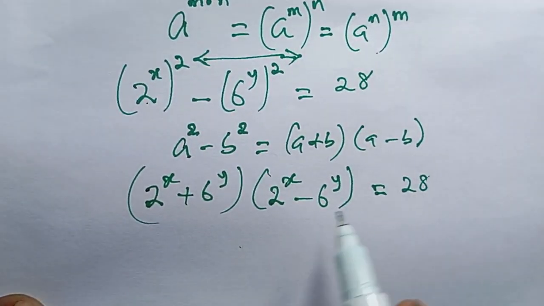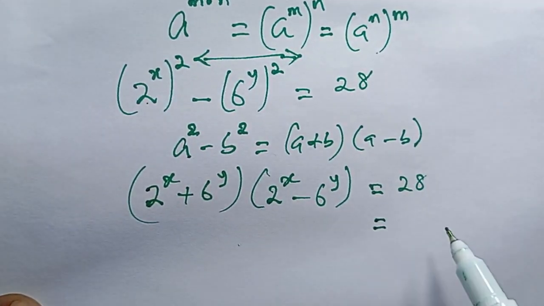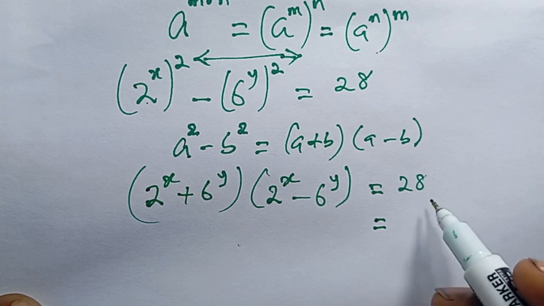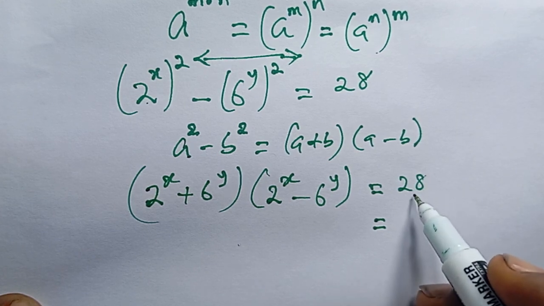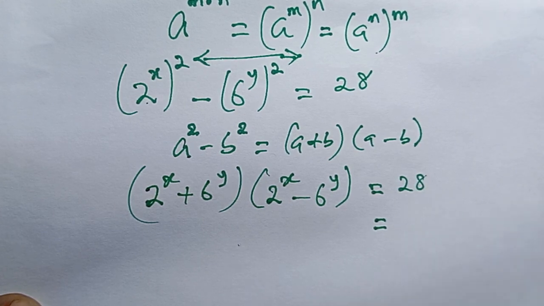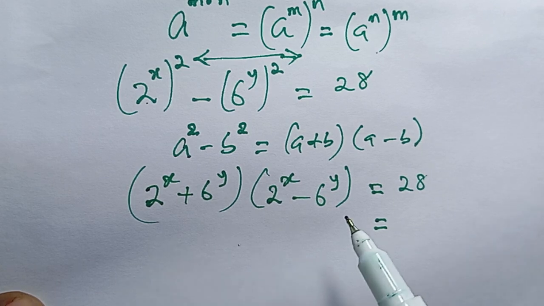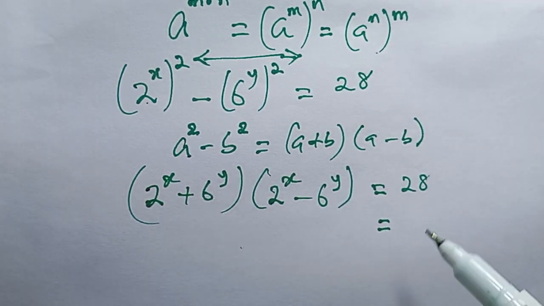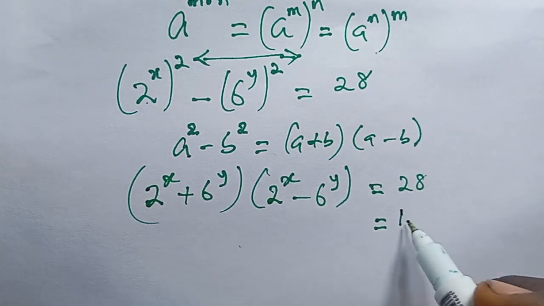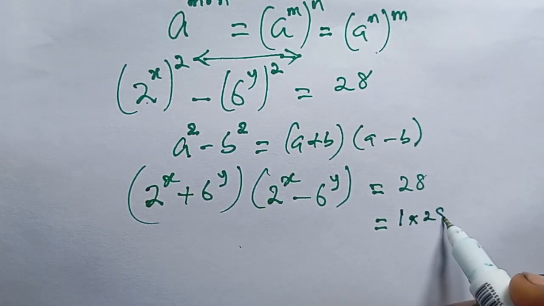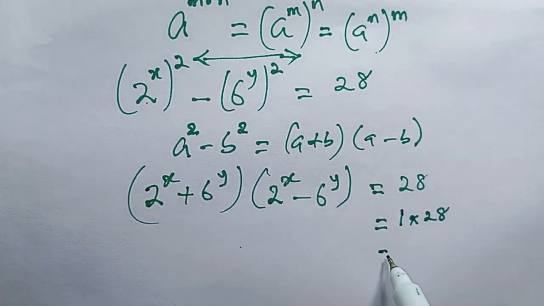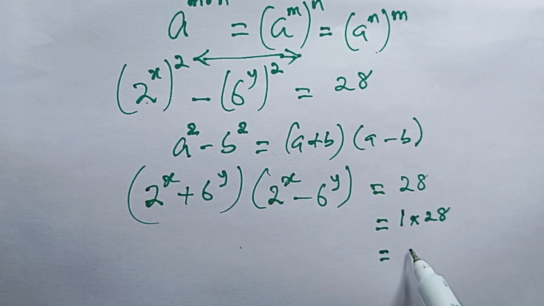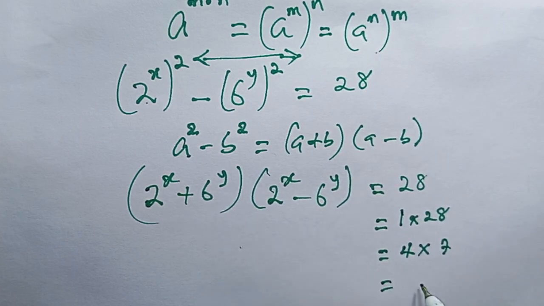Okay, so simplifying the right hand side, you can see that we can actually write this 28 here as a product of 2 terms, same way as we have the left hand side to be the product of 2 terms. So we can actually write this 28 as 1 times 28. Okay, and of course you can also write it as 4 times 7, and as well you can write it as 2 times 14.